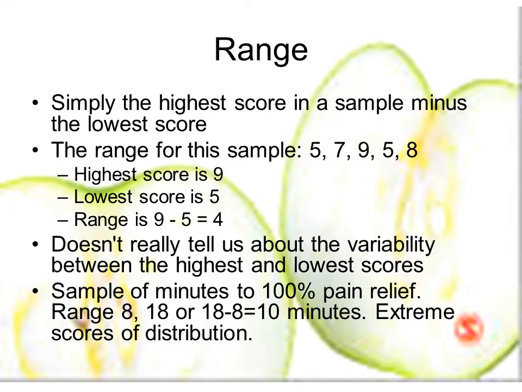And once again, when we look at our range, we can see a very extreme distribution of scores, because if we have something that's really out there, how many minutes until we have relief from a headache, we can have some very extreme scores.